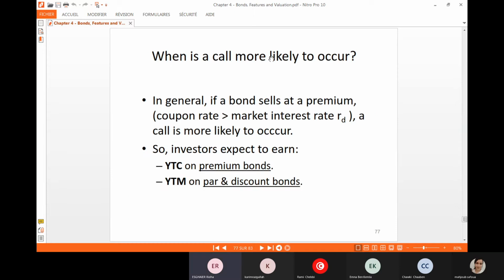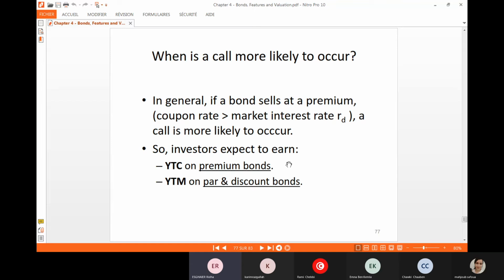So when is the call more likely to occur? As I said, the call is more likely to occur when the bond is a premium bond. Its interest rate is high, so if the market interest rate falls, the probability that it will be called is high.